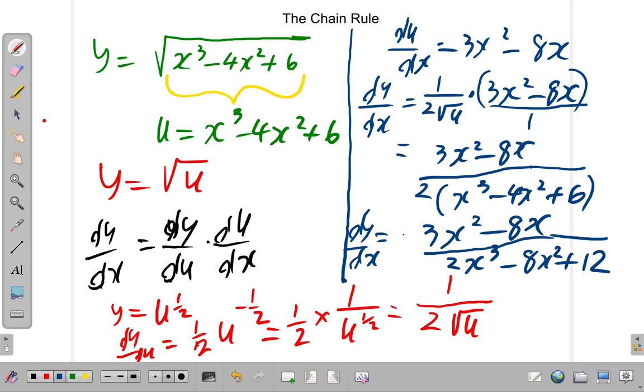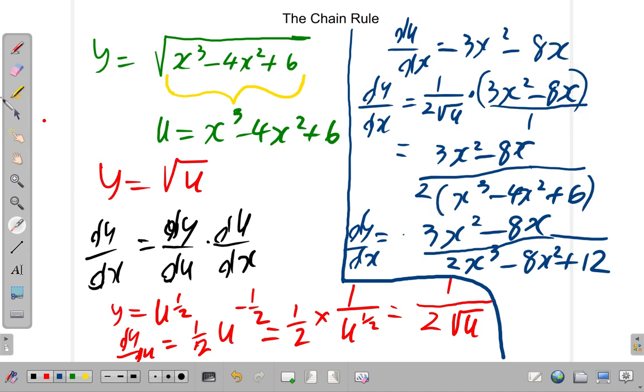Up here now, let me separate this. Up here now, what we have is du by dx. Since this is u, du by dx is 3x squared minus 2 fours 8x to the 1, which is 8x. So dy by dx is dy by du, which is 1 over 2 square root of u, times du by dx.